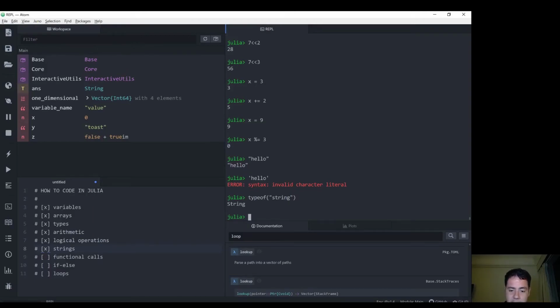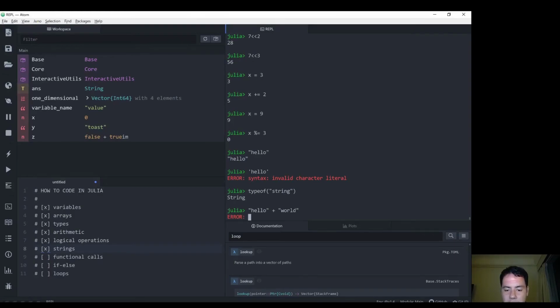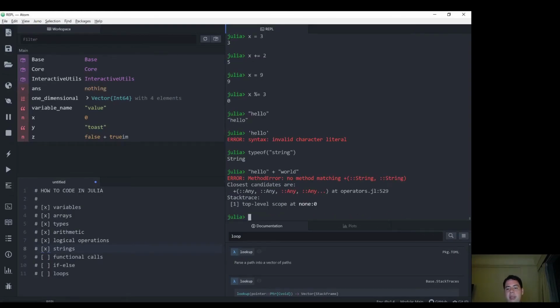Now, one of the interesting things I found about Julia is that using the plus symbol on strings doesn't work. It will give an error and say that there's no method for plus of string and string, because Julia is so mathematics focused. The plus symbol is commutative, I believe is the right word, where it doesn't matter which order you do the plus in, the result should be the same regardless of the order.